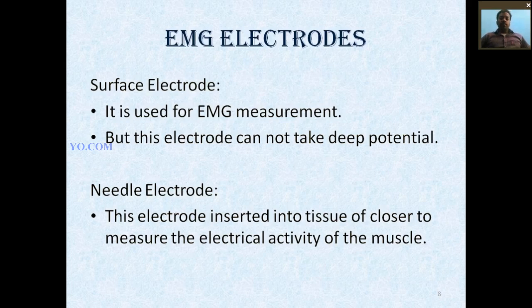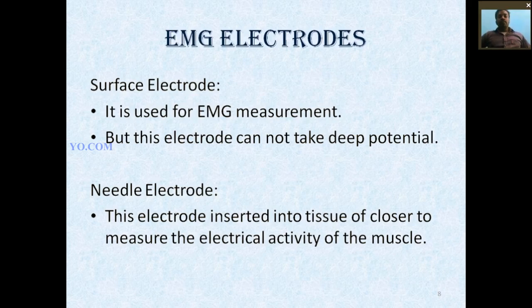But the second one is a needle electrode. The needle electrode is used to measure the EMG by inserting the electrode into our muscle or tissue. The close electrical activity of muscle can be measured by the needle electrode only.